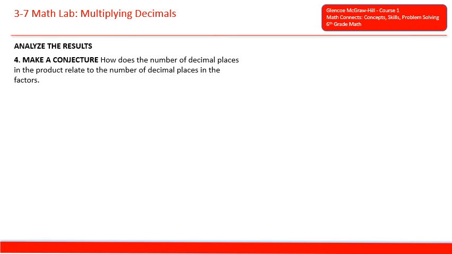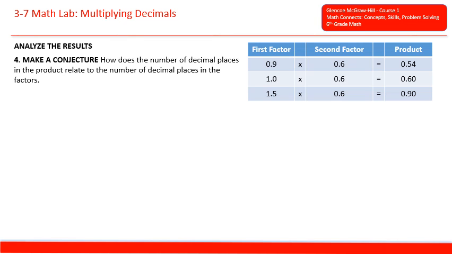Analyze the results. Make a conjecture. How does the number of decimal places in the product relate to the number of decimal places in the factors? So first factor, 0.9 times 0.6. There's 1 decimal place in 0.9, 1 decimal place in 0.6. So there's going to be 2 in 0.54.